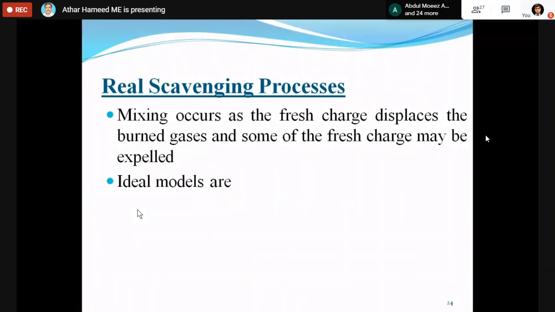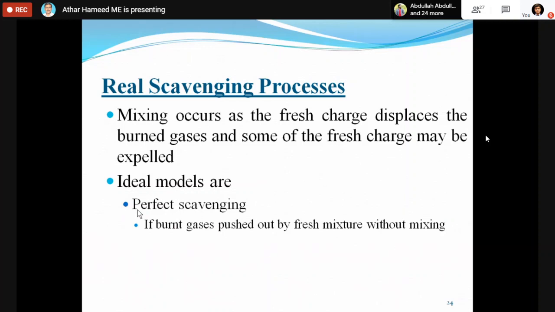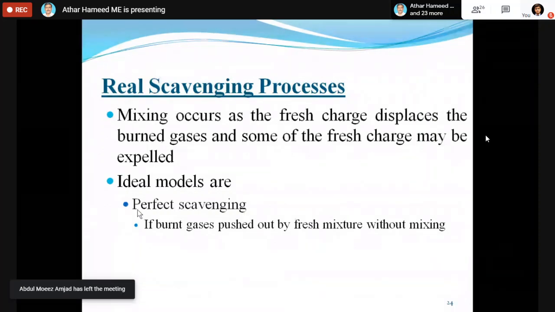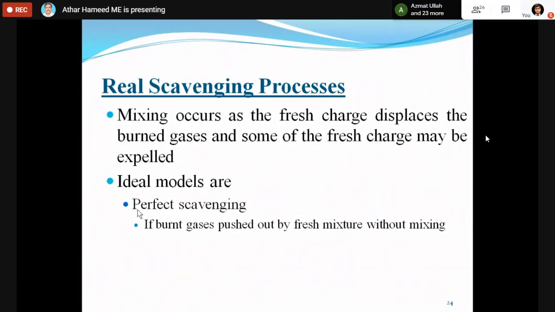So what are the ideal models? I told you yesterday, it is perfect scavenging, in which burned gases are pushed out by fresh mixture without mixing. We call it perfect scavenging, which is ideal.